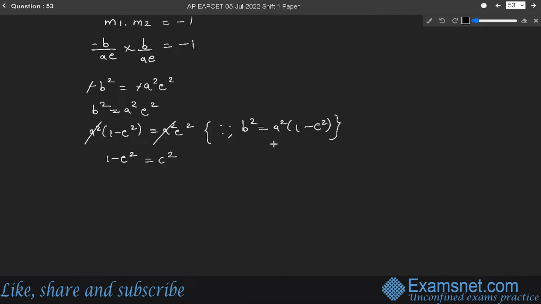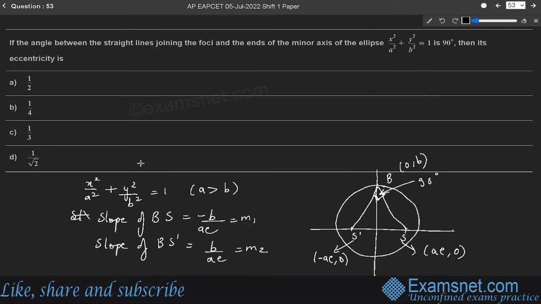So it will be 1 is equal to 2e square. So e square will be 1 upon 2 and e will be 1 upon under root of 2. So the value for eccentricity is 1 upon root 2. Therefore, we can say that the correct option here is option number D.